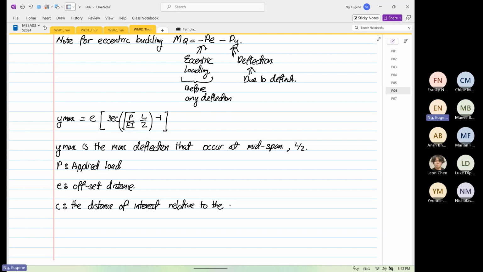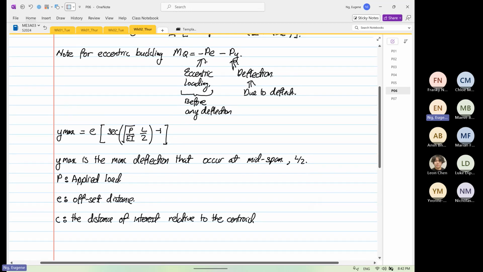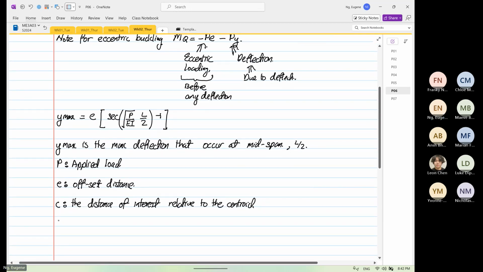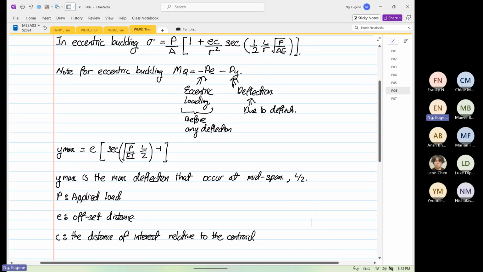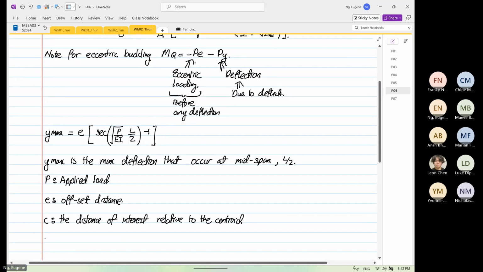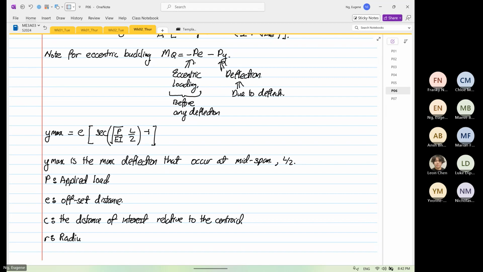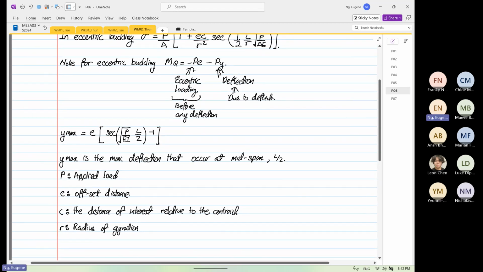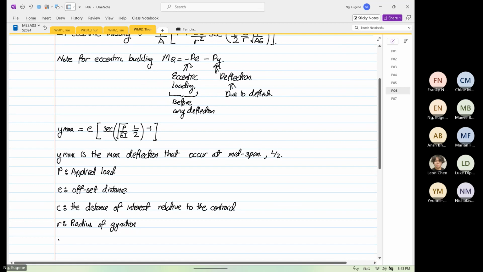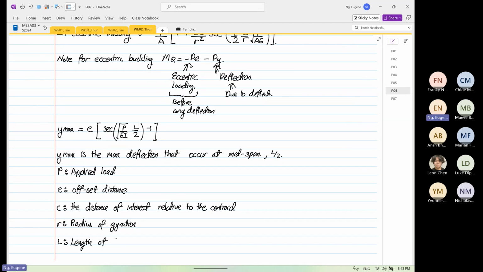And then we have r, sorry, r is our radius of gyration. And then we have our L, which is the length of the column.